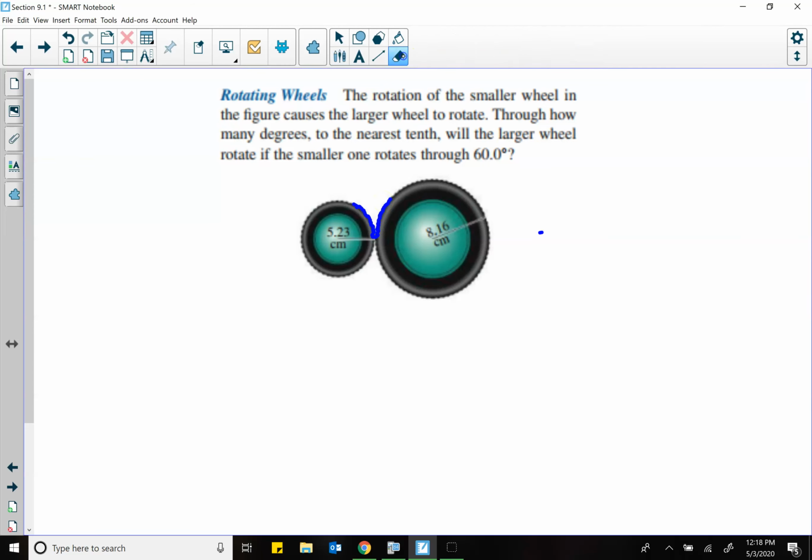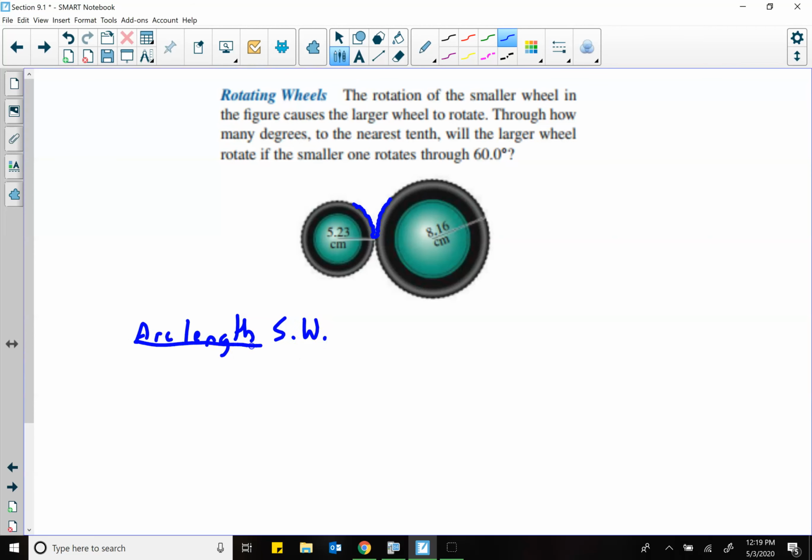So I need you to understand that, because the first thing you have to do is find the arc length of the small wheel, because the arc length of the small wheel will also equal the arc length of the big wheel. Okay? That's important to know.